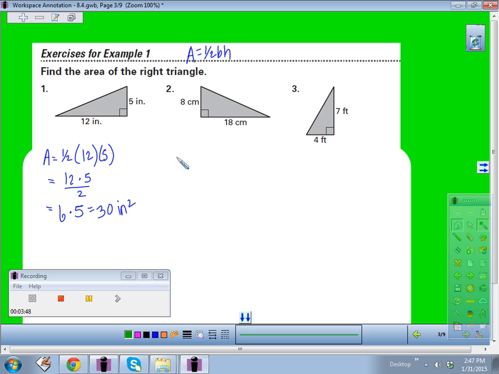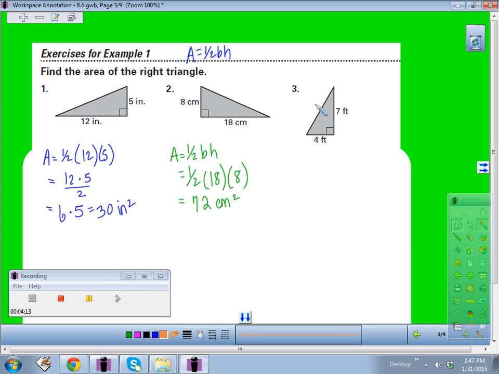Number 2, we do 1/2 base times height. And our base, we could say, is 18, and the height is 8. And so when we take 1/2 of 18, that is 9. 9 times 8 will give me 72, and the units would be square centimeters.